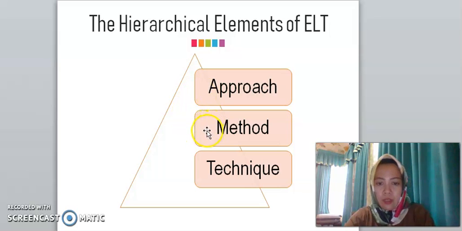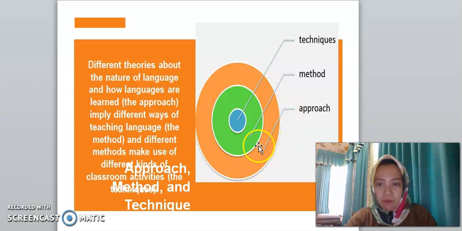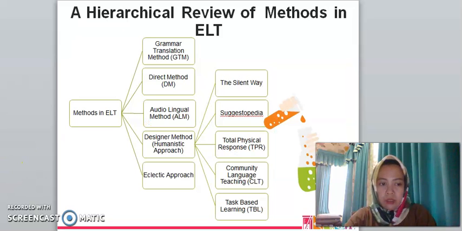Method is more practical, and technique is the specific steps or actions. Here is the illustration from the slide that I already gave you in the previous lesson: approach, methods in the middle circle, and then techniques here.